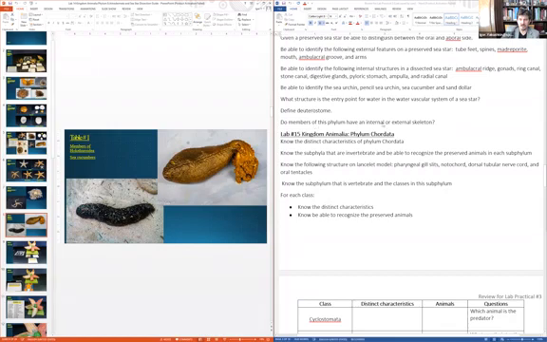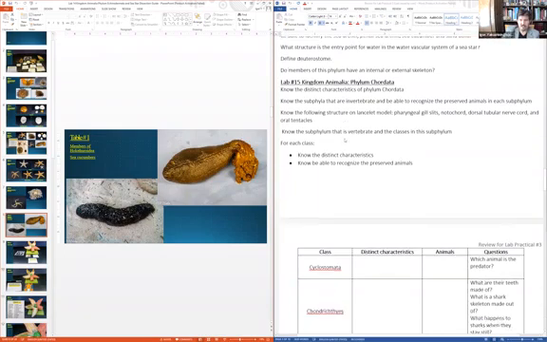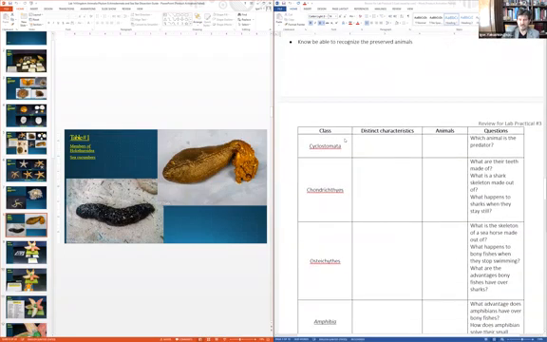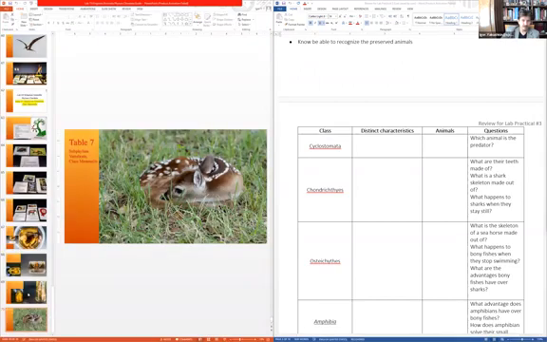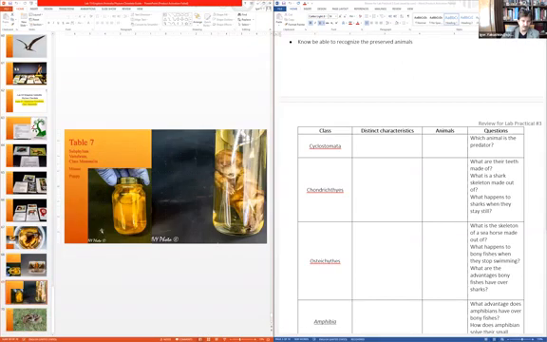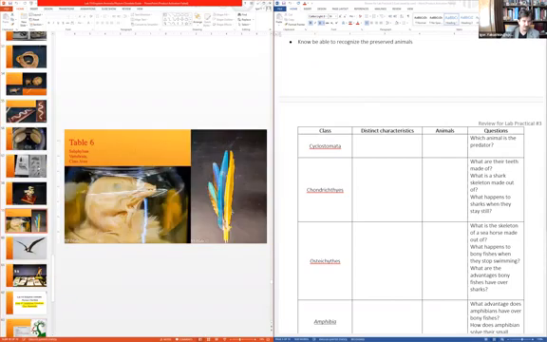Do members of the phylum have an internal or external skeleton? Internal skeleton. On lab 15 we covered that pretty much, but just in case, be able to recognize the preserved animals. We're talking about something like a puppy, a bat, kitten, chicken.